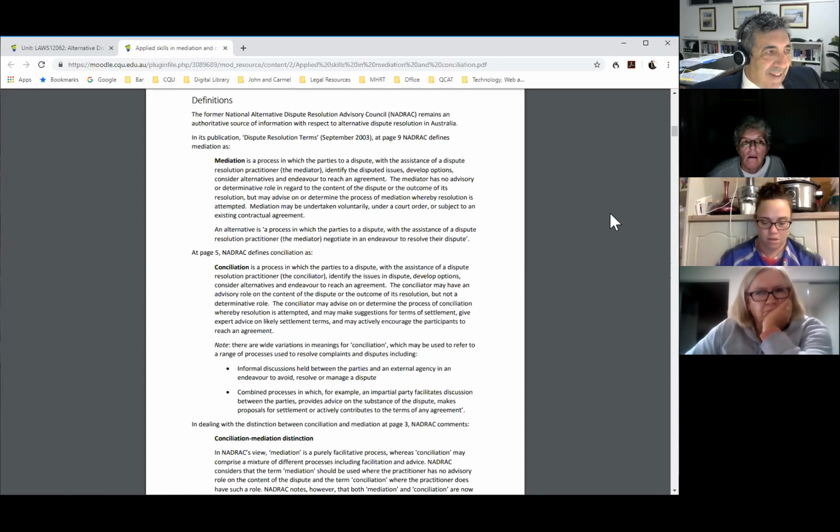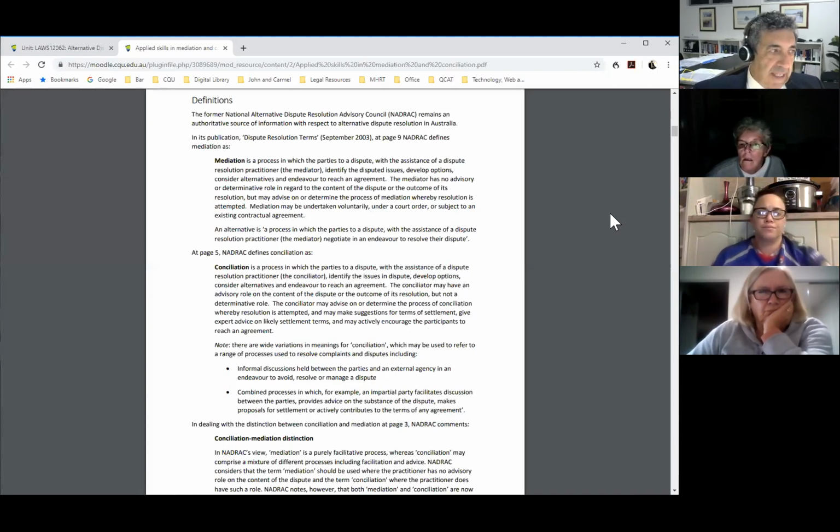Having said that, in addition to a facilitative mediation, there is the option of having an advisory mediation, which is very close to a conciliation in that you can then advise or determine the process. So there are different definitions that apply.